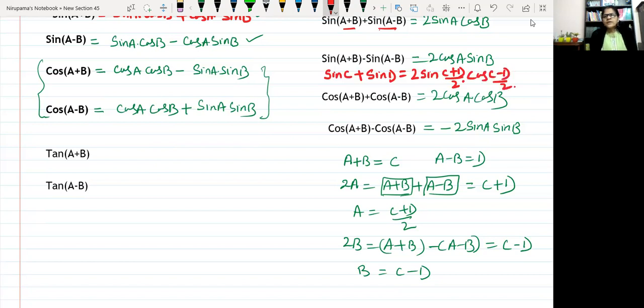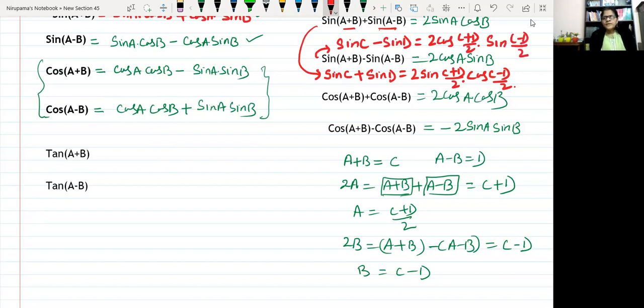Similarly, if I write sin C minus sin D, it would be 2 cos C plus D by 2 into sin C minus D by 2.